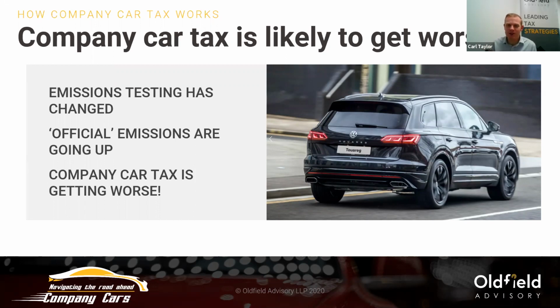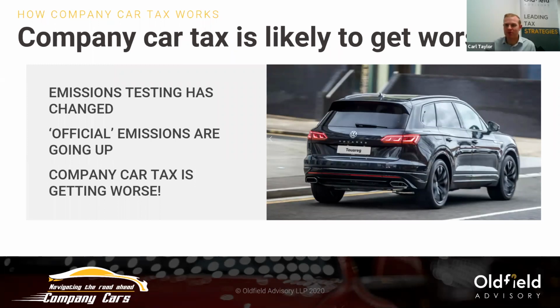Well, the fact was that actually accelerated some significant changes that have come into force from April this year. And that's changed the way that vehicle emissions are tested and measured. And what that means is that official emissions figures are now more realistic and therefore quite a lot higher than they were previously.